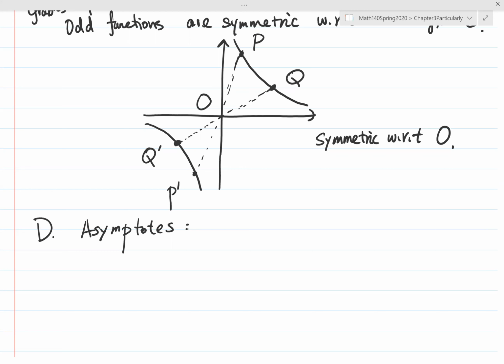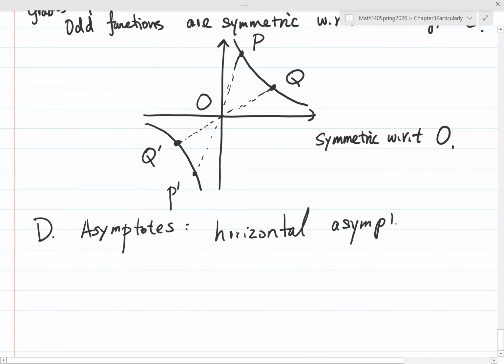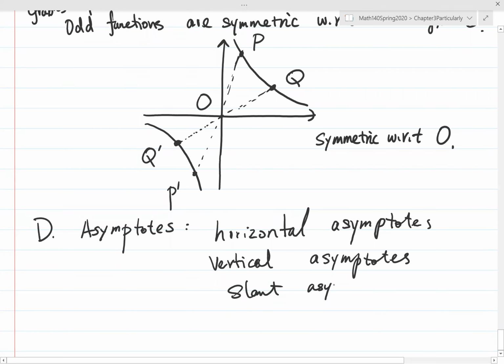You need to keep in mind that sometimes we can have this situation, but usually we look at horizontal or vertical asymptotes. Sometimes we have slant asymptotes, but it's not required.